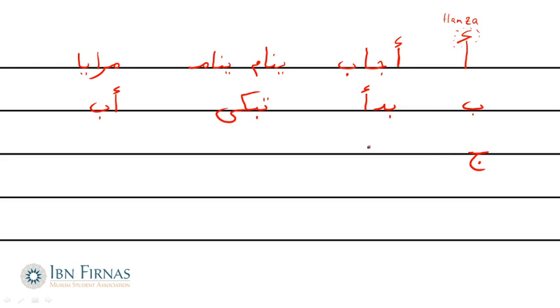And for jim, the first one was Jameel, which means beautiful. Then notice how it completely changes at the beginning, when it comes attached to a letter. And then Yajri.